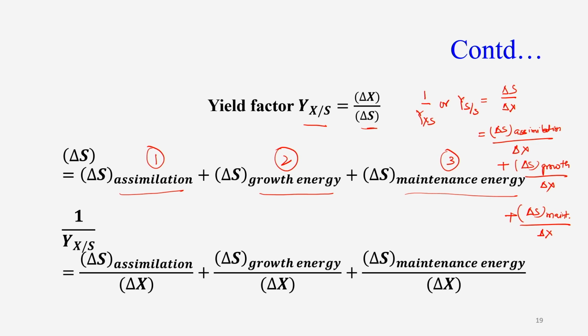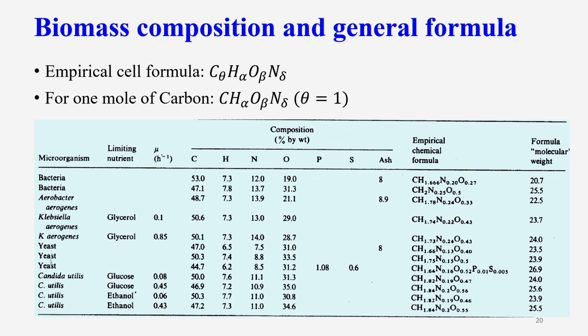Now, before we proceed to stoichiometry equation, we need to know what is the general composition of biomass. So, here if you see this table, it includes the bacteria, yeast and fungi, and what is their composition?